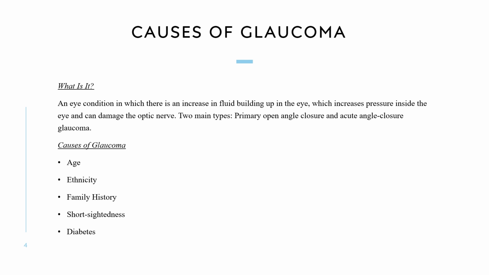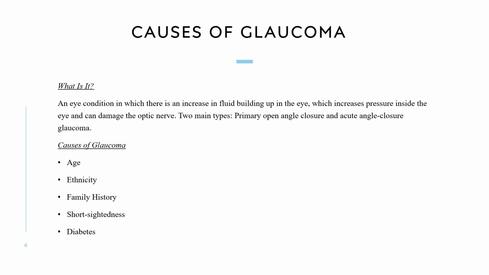If you think about your eye, obviously it's not completely dry. It's lubricated, there's fluid in there, and in glaucoma the amount of fluid that's in there accumulates, it builds up. Because the amount of fluid is increasing, that then increases the pressure inside the eye, what we call the intraocular pressure, the pressure in the eye.